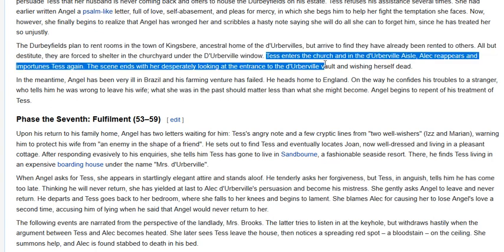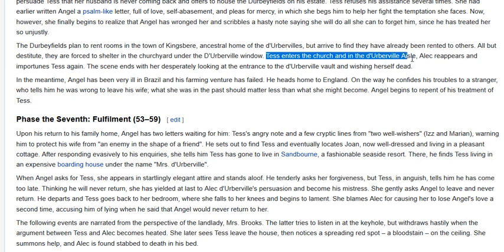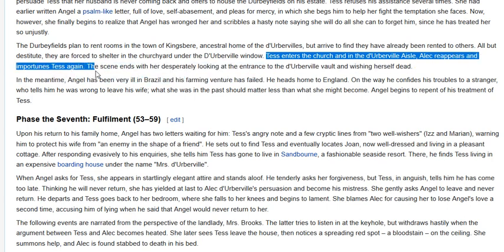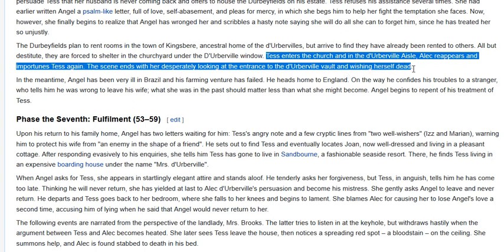Tess enters the church, and in the D'Urberville aisle, Alec reappears and importunes Tess again. The scene ends with her desperately looking at the entrance to the D'Urberville vault and wishing herself dead.